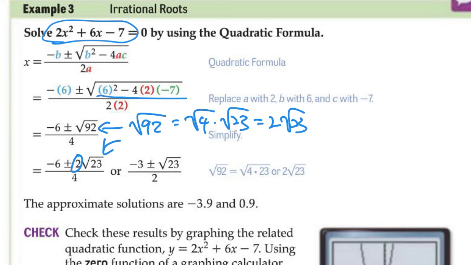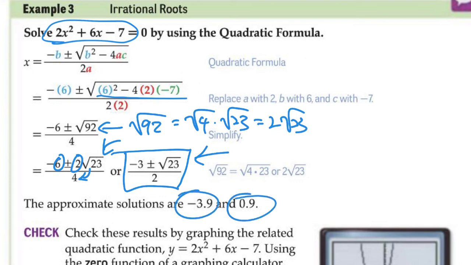Actually, you have to divide both of those terms. But the 6, 2, and 4 are all divisible by 2, so you can simplify it to a most simplified answer.